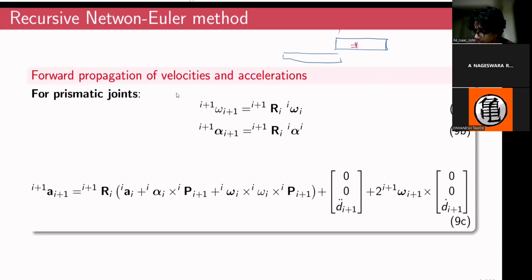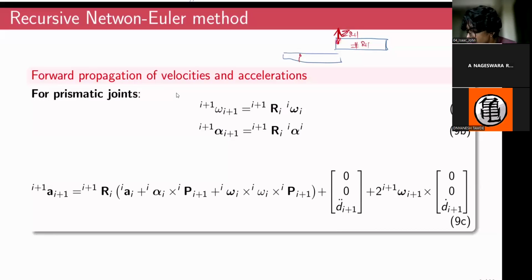If this is the I+1 link, and this is the ith link, and I'll denote this to be the Zi+1 axis, this link would be moving vertically up or down along this Zi+1 axis, because it's a prismatic joint.